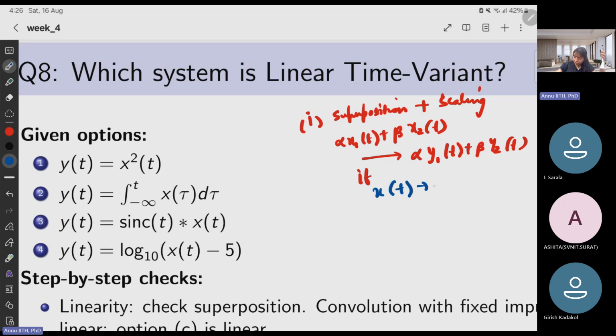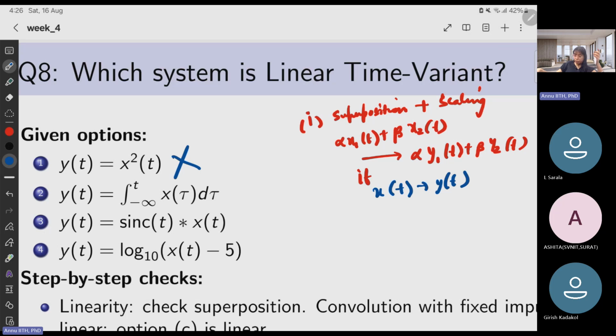Like if the system takes x(t) to y(t), then alpha x1(t) plus beta x2(t) should lead to alpha y1(t) plus beta y2(t). So this is the simple linearity problem. But this particular condition will be followed if there is no change in the order. Since there is a change in the order, it is nonlinear.